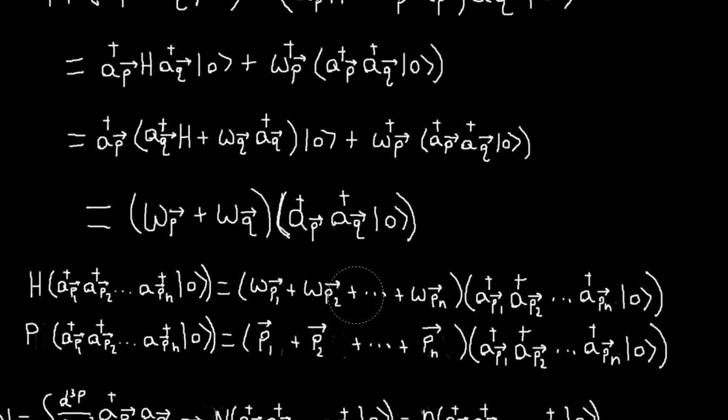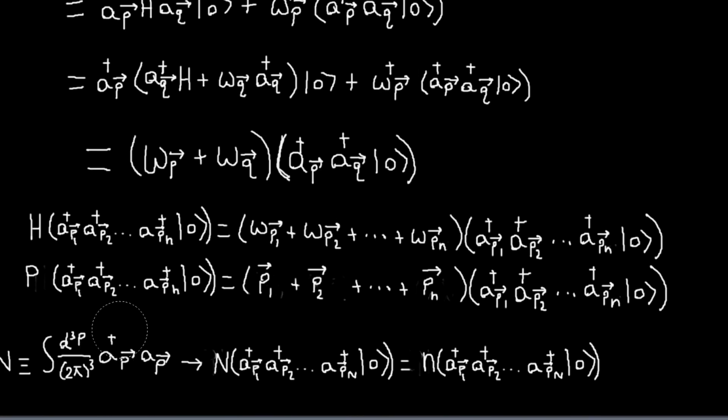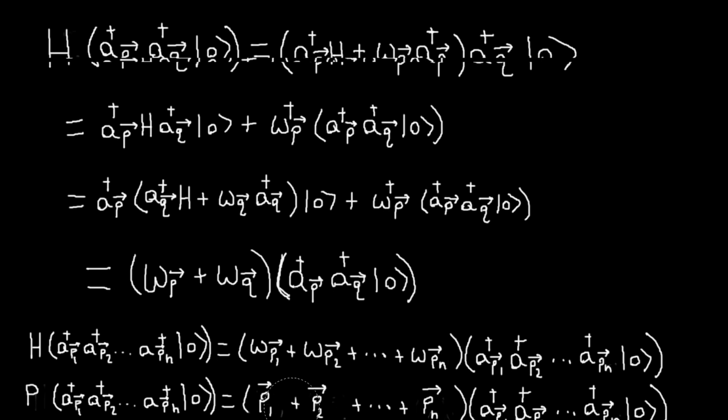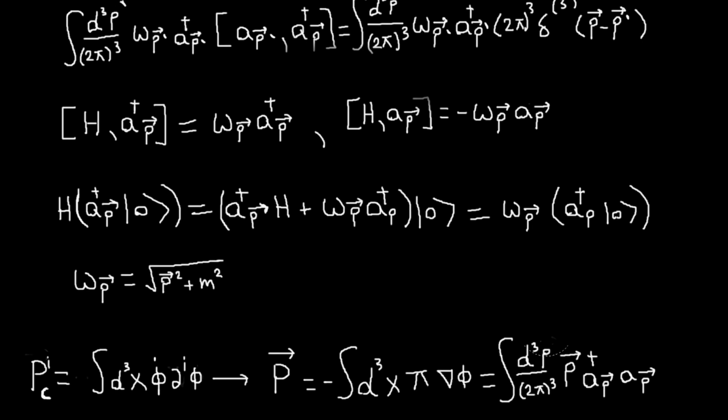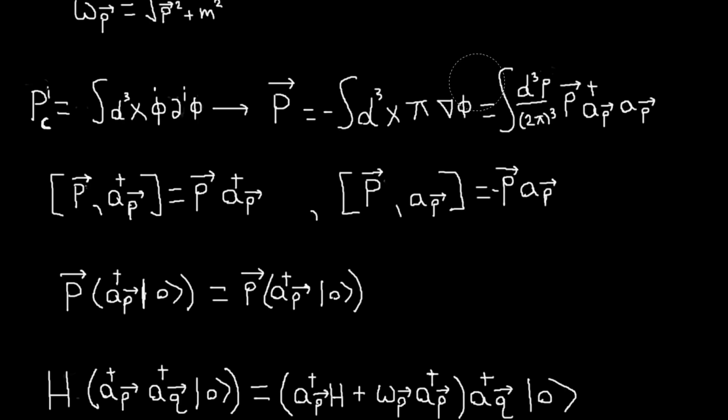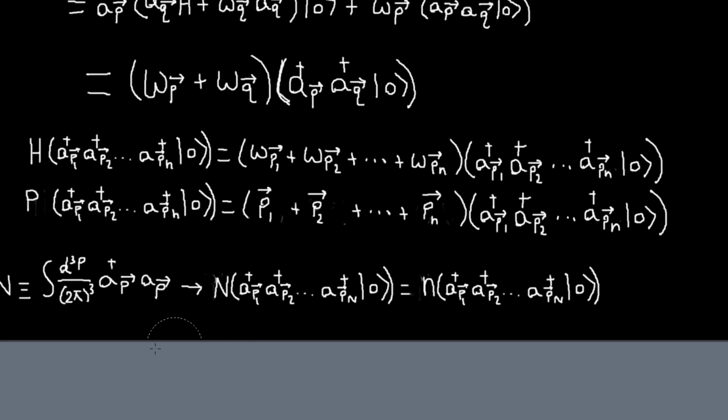And the last thing we can do is define another operator, the number operator, and it's going to look almost exactly like our Hamiltonian and momentum operators. In our Hamiltonian we have this form with omega p. With our momentum operator, it's the same form, only with p. With our number operator, it's the same thing, only with 1.